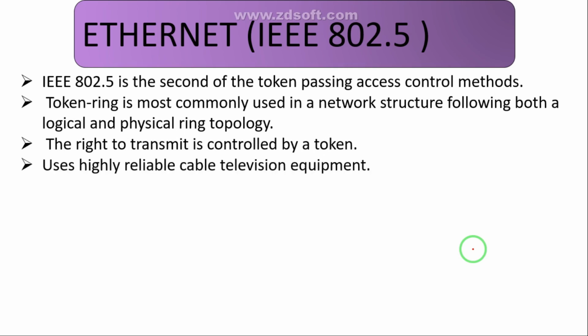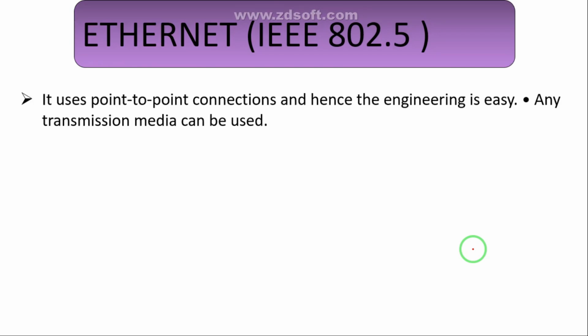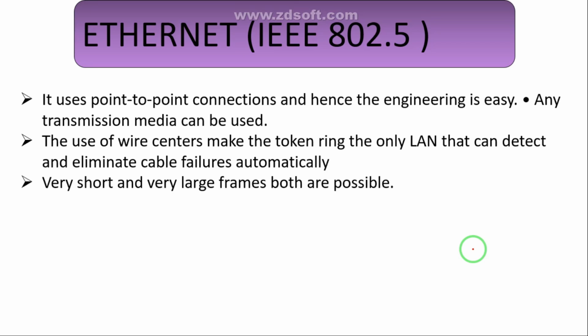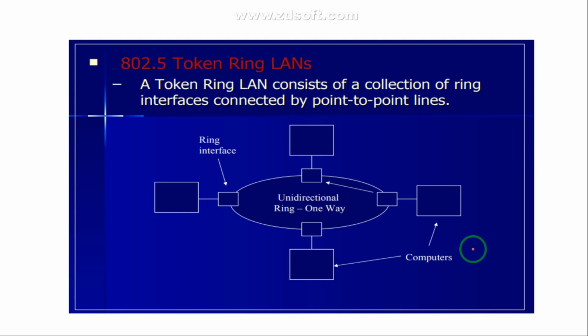Again, it is highly reliable for cable television equipment, and it also uses point-to-point connections and transmission, and any transmission media can be used. The use of wire centers makes the token ring the only LAN that can detect and eliminate cable failures automatically. Very short and very large frame transmission are both possible, and the throughput and efficiency are excellent. This is the diagram for your 802.5 token ring LAN.